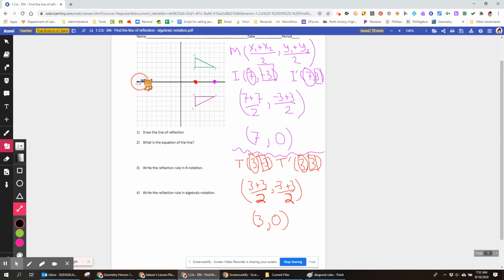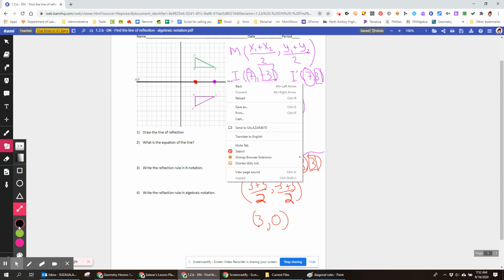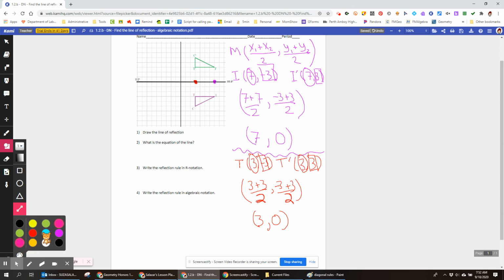that my line of reflection needs to be in color. Go with hot pink. Nice, thick, hot pink line.